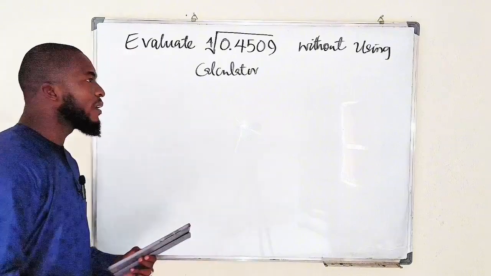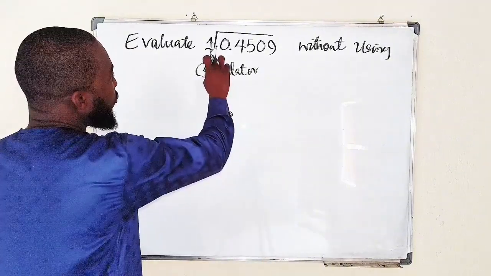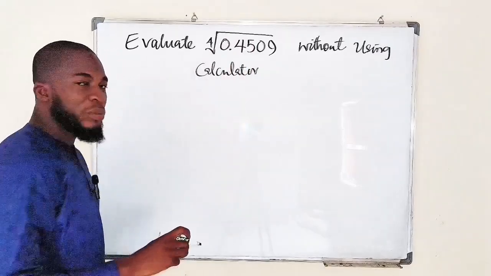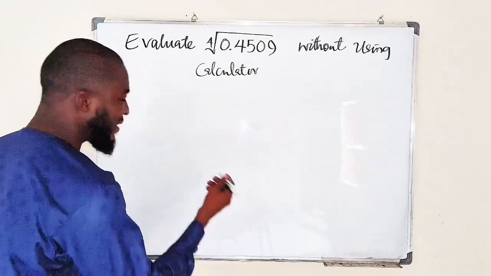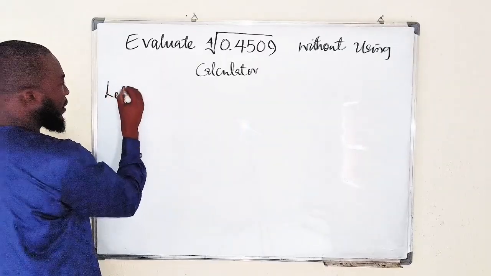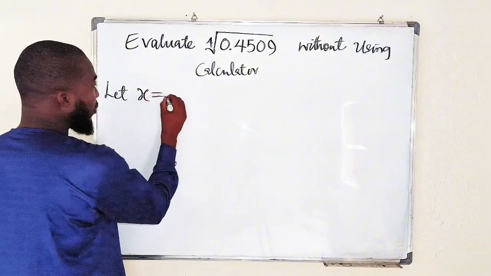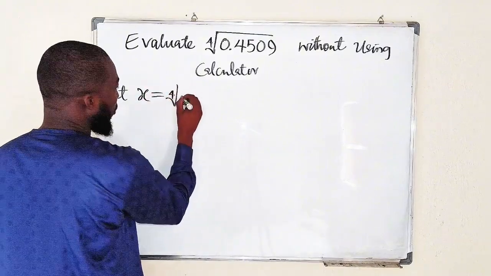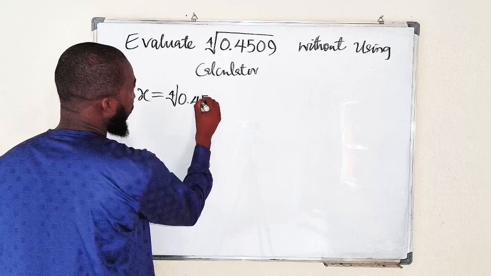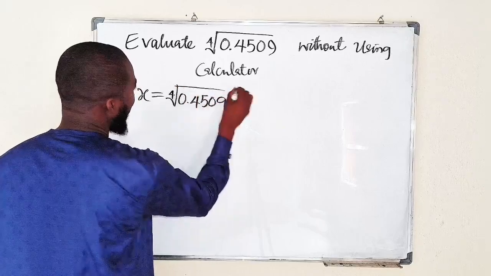So let's get started. First of all, you should let the whole of this expression to be a variable like x, y, or z. So let x be equal to the fourth root of 0.4509.